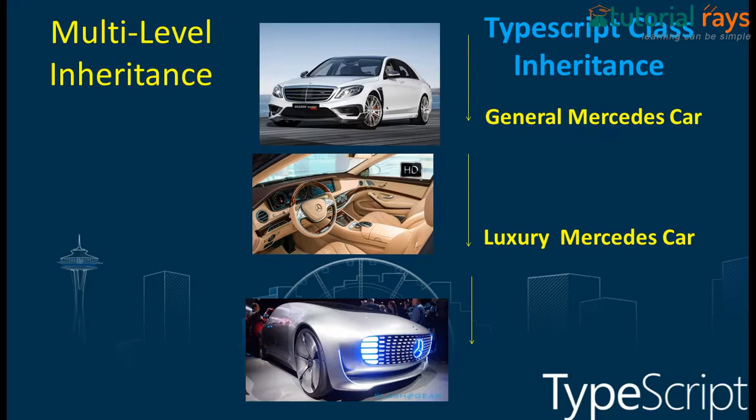The luxury Mercedes car is inheriting the features of the base class, general Mercedes car. And the third one is the AI Mercedes car. This third Mercedes car will have all the properties of the luxury Mercedes car as well as the general Mercedes car. So this type of inheritance is called multi-level inheritance.